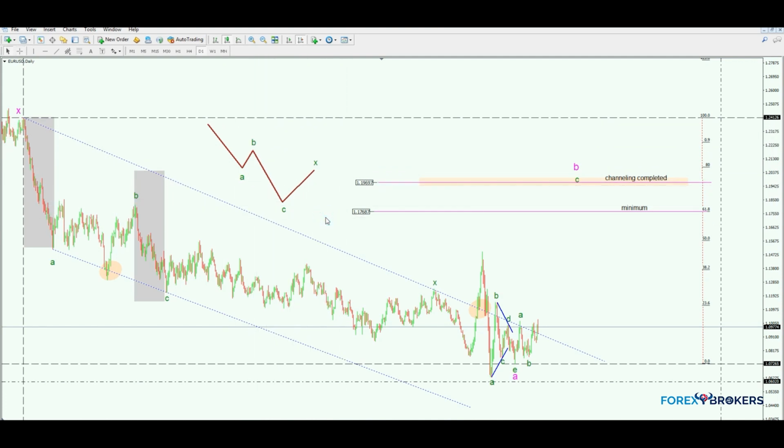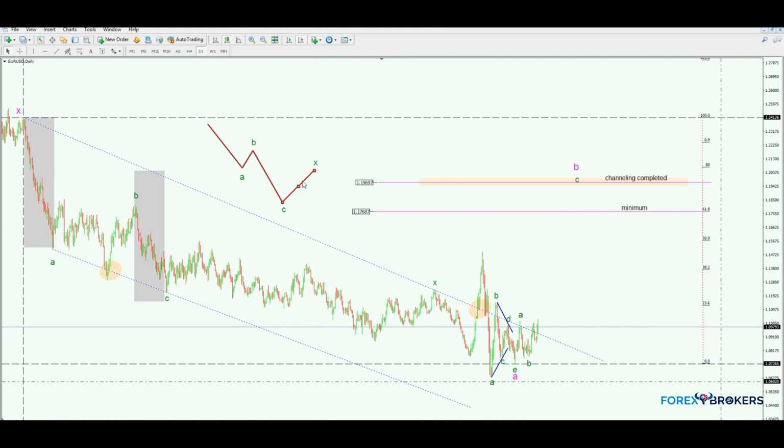Most double combinations end up with a triangle, especially on the currency market. Sometimes they don't end with a triangle, they end with a structure that opposes the first correction. If this is a zigzag, due to the fact that the B wave failed to retrace 61.8, then the second correction can be either a triangle, most likely, or a flat, less likely.